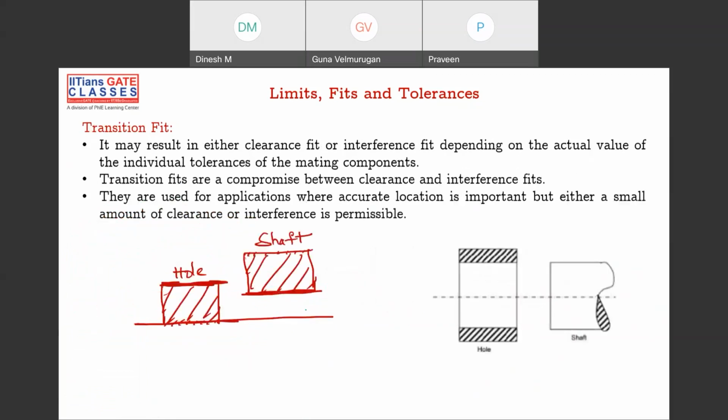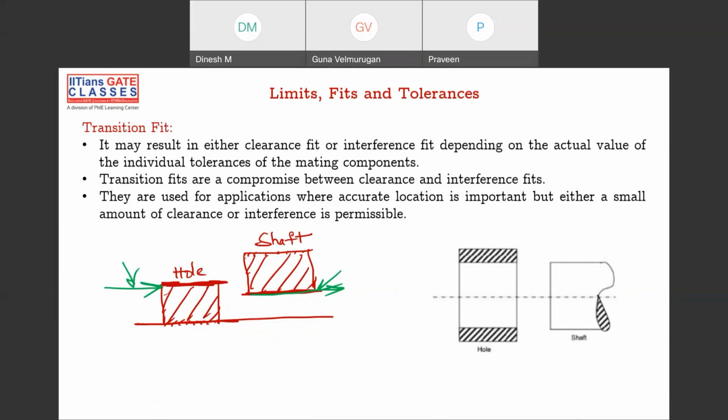What is interference fit? If you take this hole size and this shaft size, is it going to fit or not?